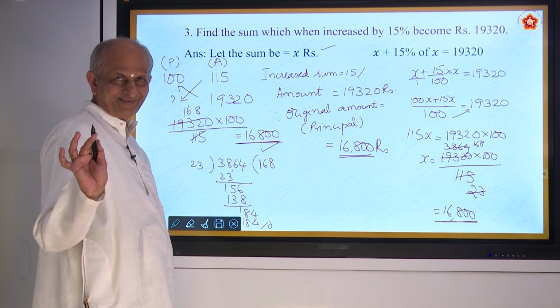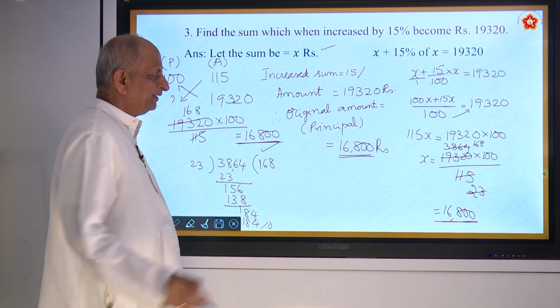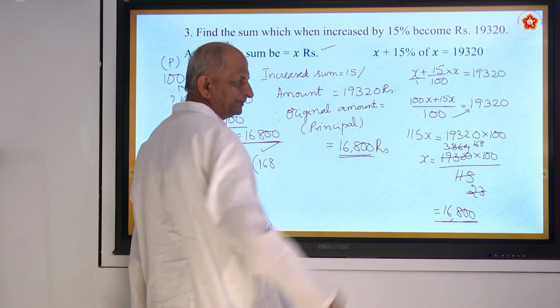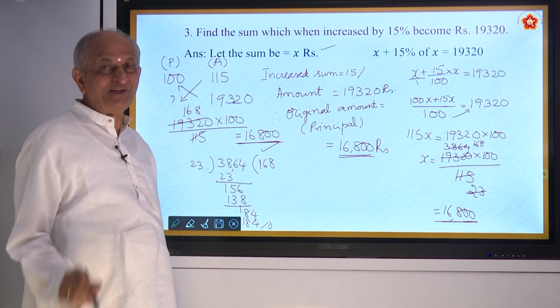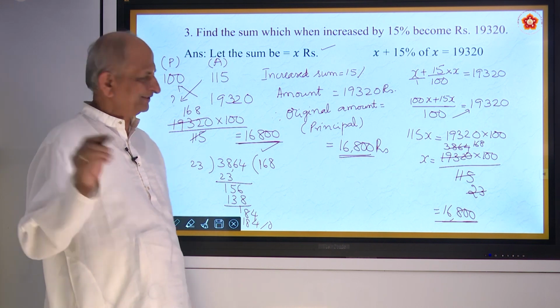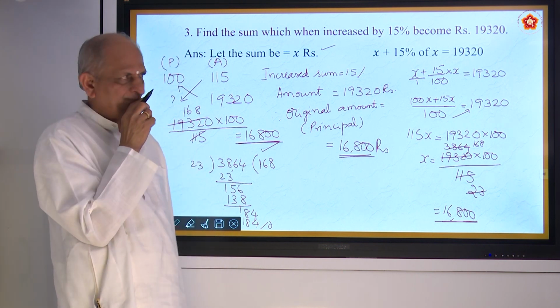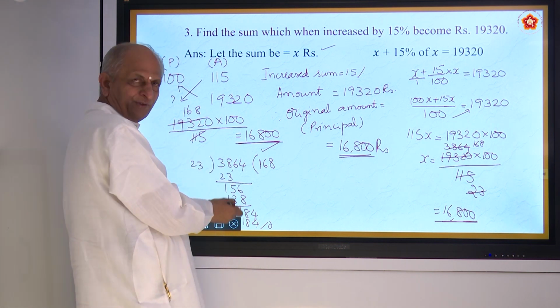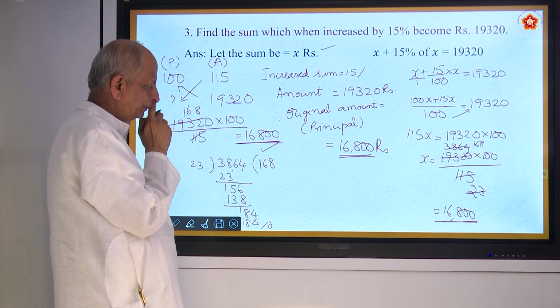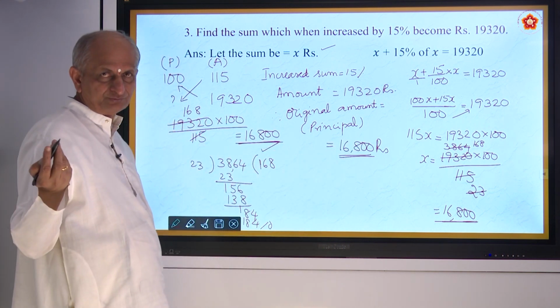Is it clear? So here they said increase. Increase means you must make it plus. Suppose they give decrease, it has to become minus. Here any one of the methods you can follow. Okay. And I think all of you know how to divide like this, right? So this is the answer, 16,800. You can verify it also.